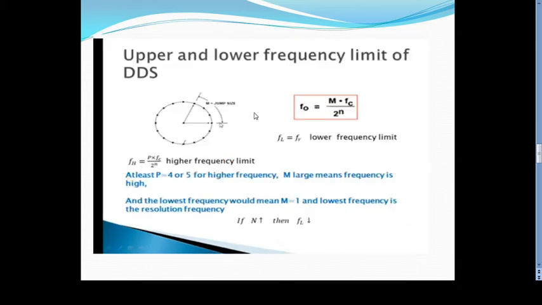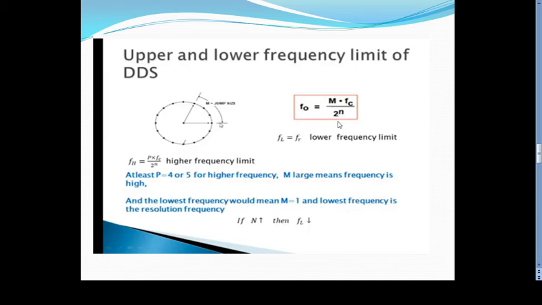Then, what are the upper frequency and lower frequency limits in DDS? The output frequency F0 is M into Fc divided by 2 raised to n, where 2 raised to n are the different phase locations of a phase accumulator.